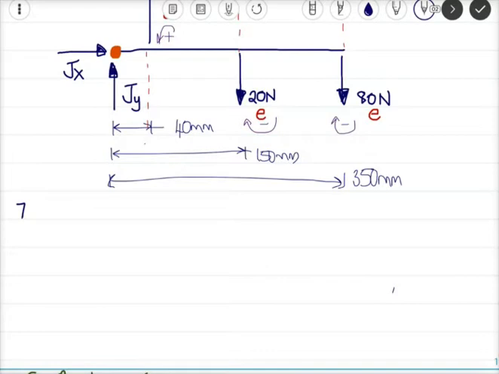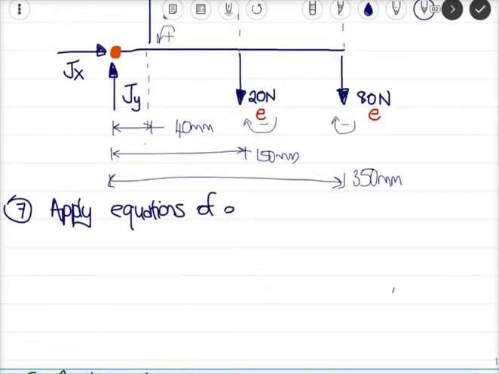So we're now at step 7, where we apply equations of equilibrium. Okay, now I start with the moment equation because I know that will give me the muscle force, and then I move on to the force equations to get the joint forces.